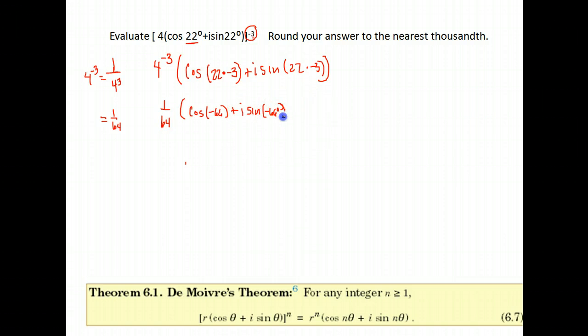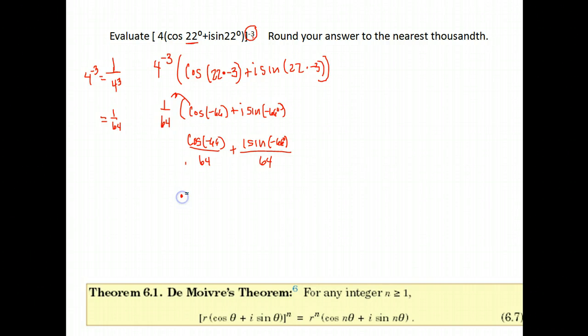We want to find our answer rounded, so we're going to go ahead and distribute the 1/64th, and that gives me cosine of -66 divided by 64 plus i sine -66 degrees divided by 64. So let's calculate here. Using my calculator, I'm doing cosine of -66 degrees, and I'm dividing it by 64.